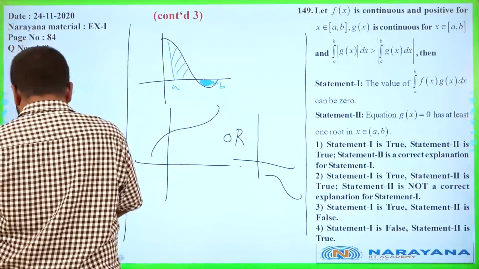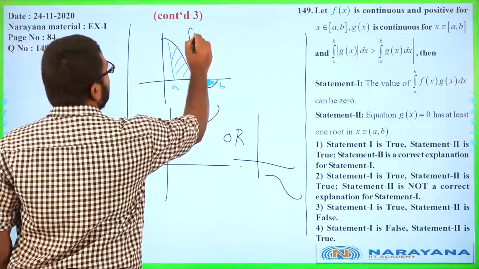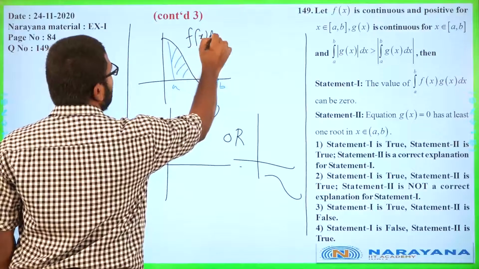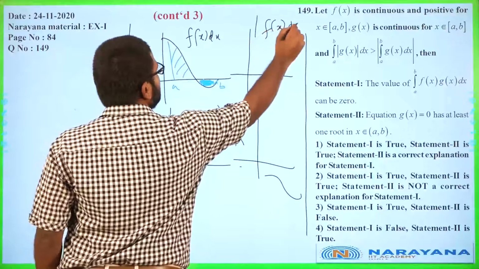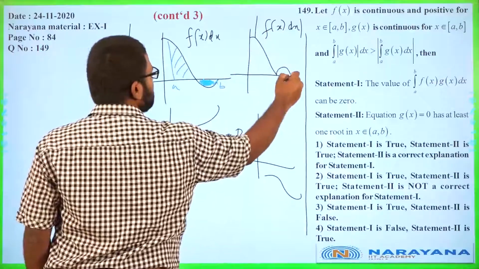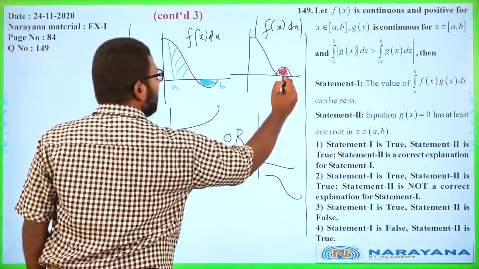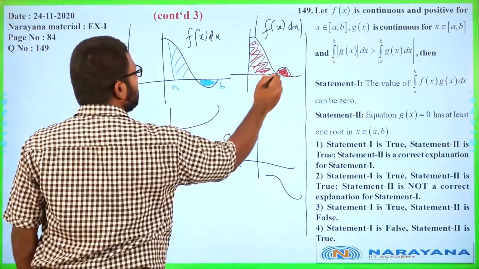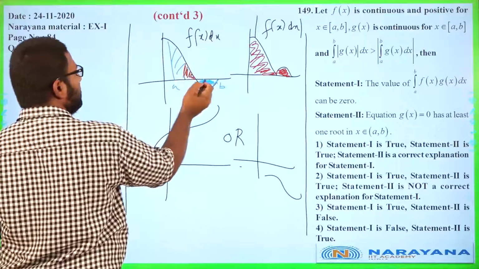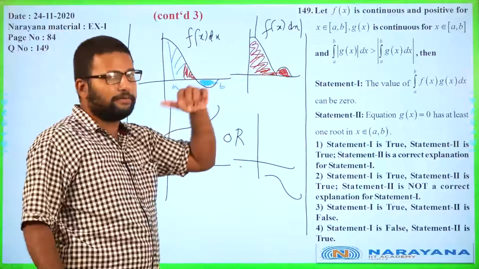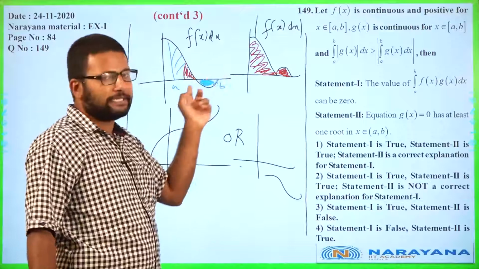Think about it like this, that this is integral fx dx, and for the same integral mod fx dx will go like this. So, do you realize in mod there is that extra area that is being added, whereas in this much area will get subtracted. These two will cancel each other, whereas here they are getting added, which is why this will always be larger. But that is only happening because fx is changing sign.